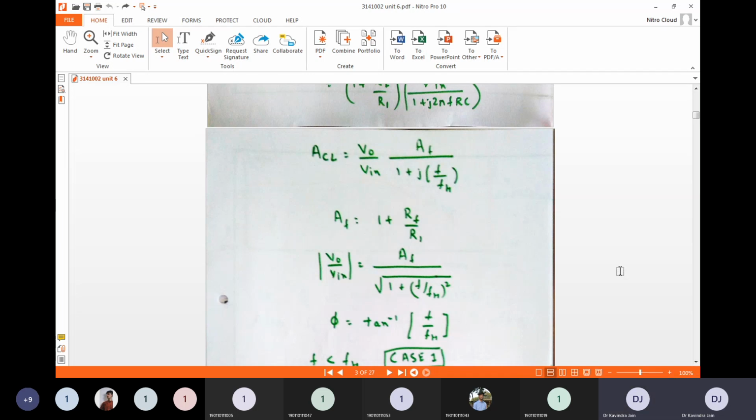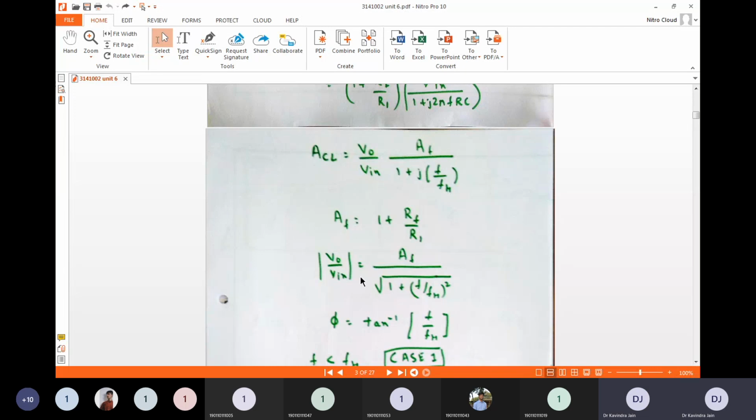Now we go for case number 1 where F is less than FH. So in this particular case, V naught upon V in would be approximately equal to how much? If F is less than FH, from this equation, what is the absolute value of V naught upon V in? Please let me know. AF by root 2. Sir, F is not equal to FH.